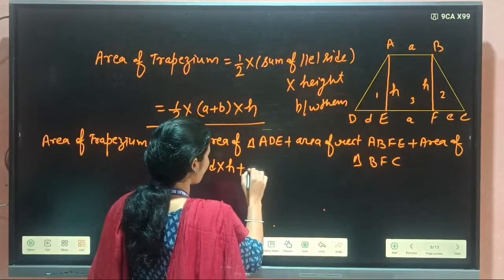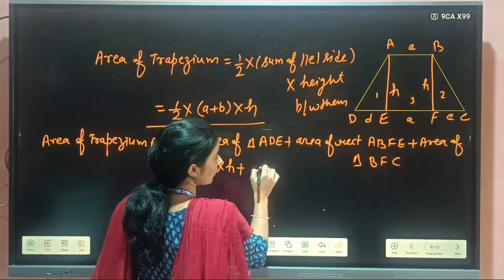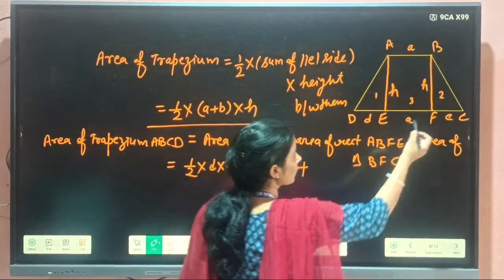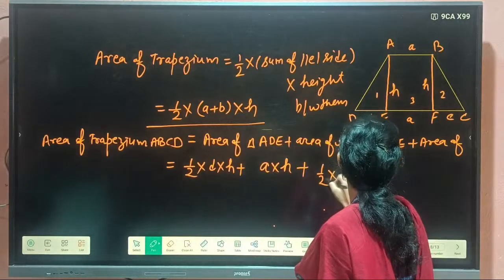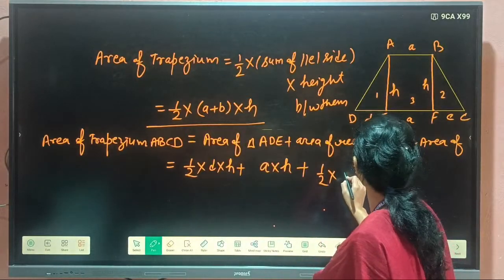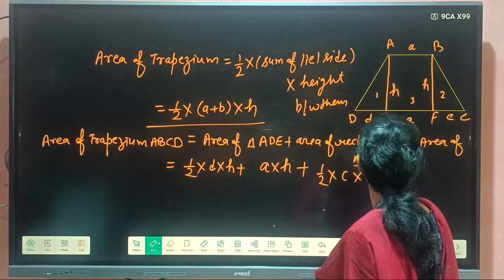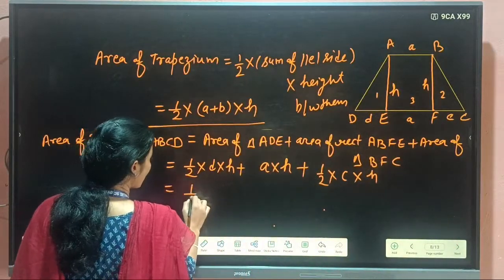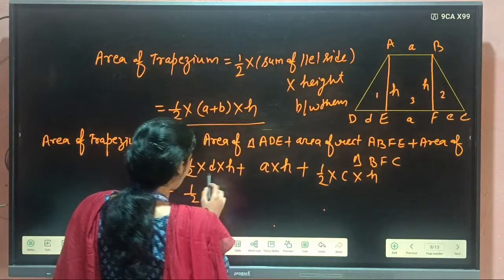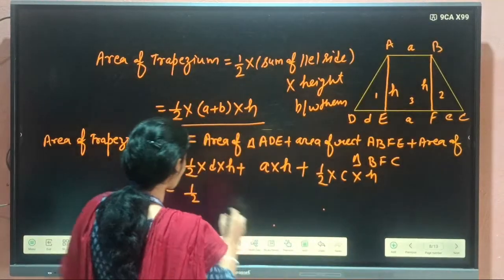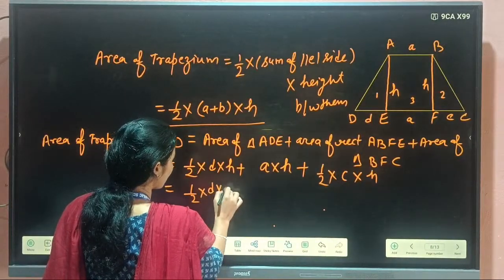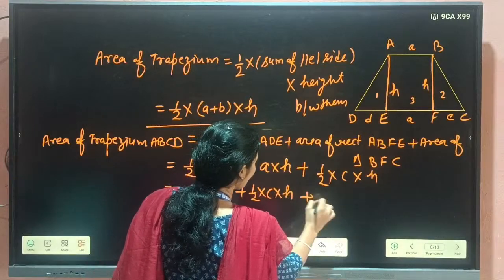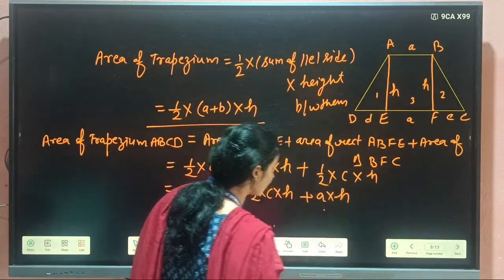Length into breadth, it will be A into H. Plus area of this one triangle: 1 by 2 into base, this FC, that is C, and into height H. So we get 1 by 2 D into H plus 1 by 2 into C into H plus A into H.